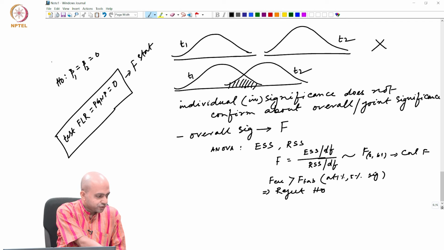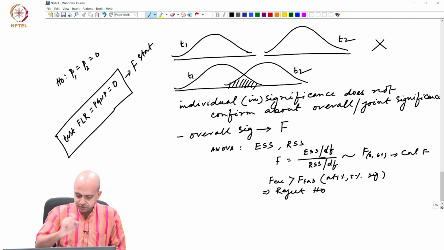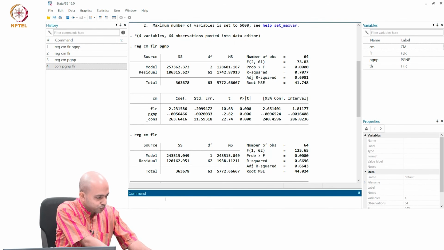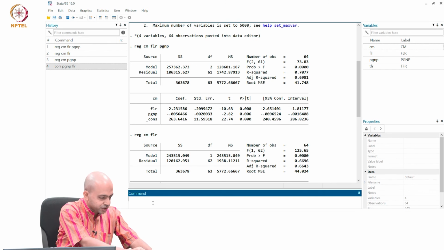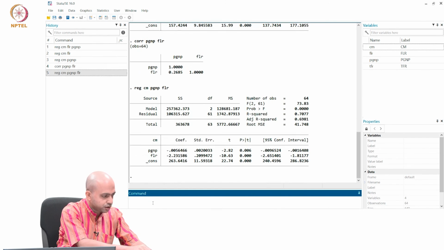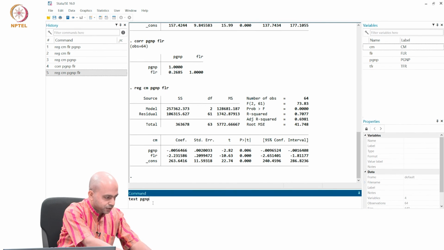We can test the individual significance of a variable with it. So, if you estimate the model once again, reg CM PGNP FLR, this is the complete model, and now you put the test command: test PGNP equals FLR equals 0. This is the command.